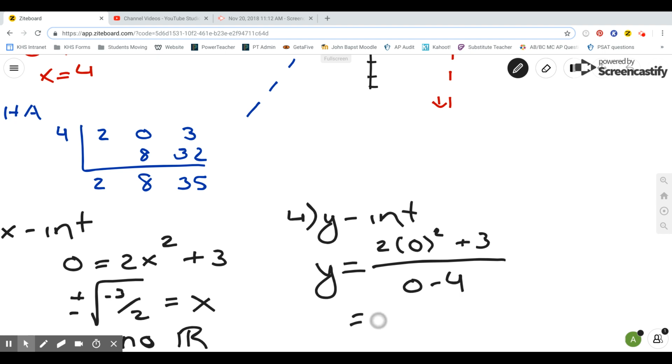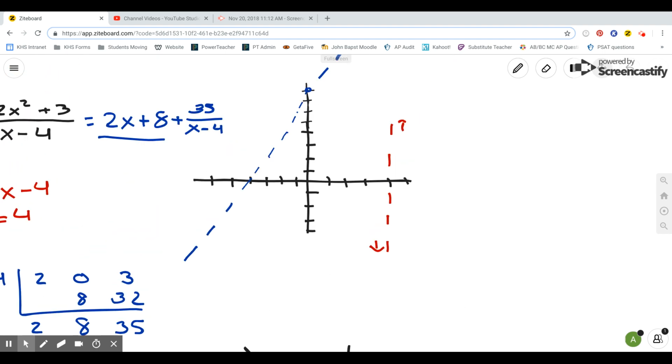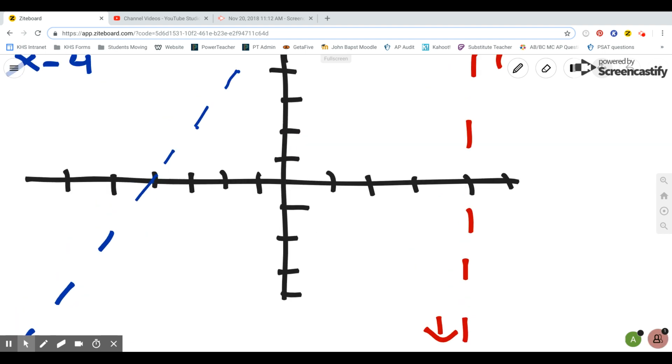So that will give us negative 3/4 for our y-intercept.